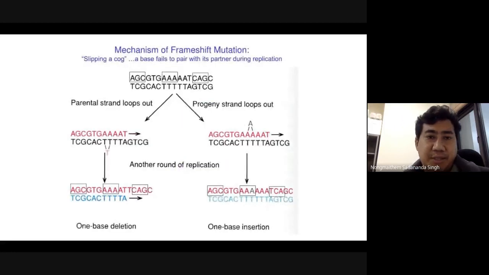Now, when I was telling you about frame shift mutation, this is one good example here. For example, at the start, the codon reading is in the frame I boxed here. AGC is one codon, GTZ is the second codon, AAA is the third codon, and AAT is the fourth codon at the starting point.